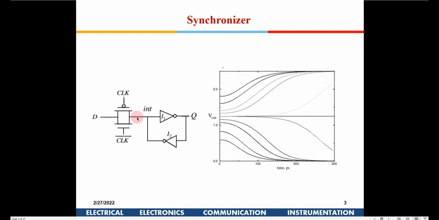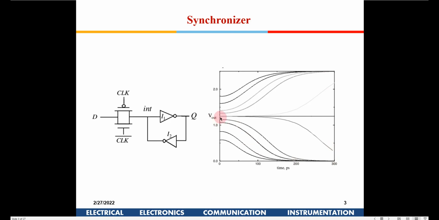Once this data is captured out here, if the data is 1 or 0, or less than VIL or above VIH, there is no issue. But if the data is in an intermediate position, you have two inverters connected back to back, so this becomes a kind of positive feedback network. You see the graph here. With time, this will start getting slaved either to logic 1 or logic 0.